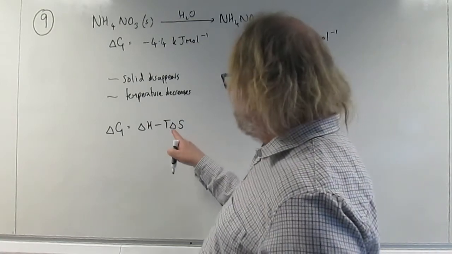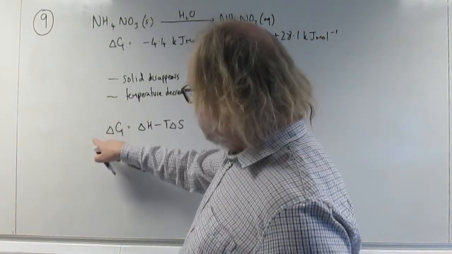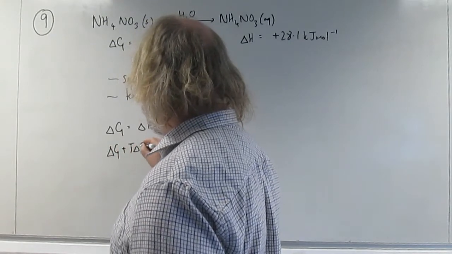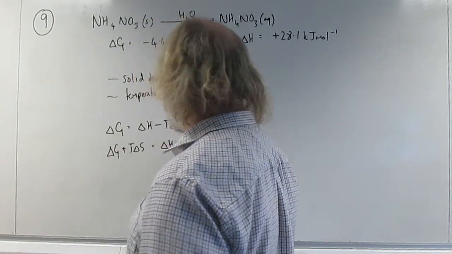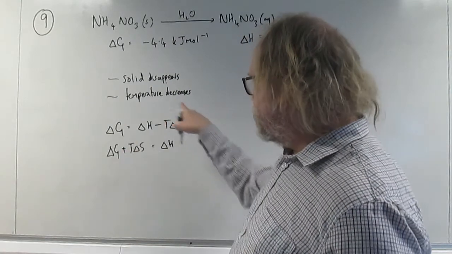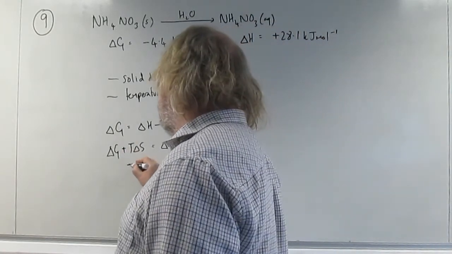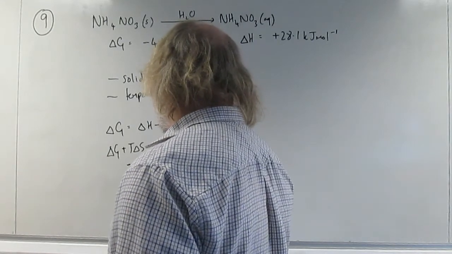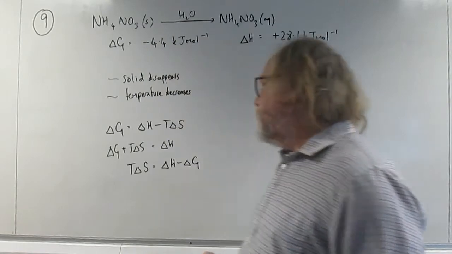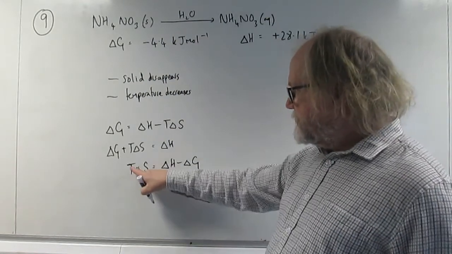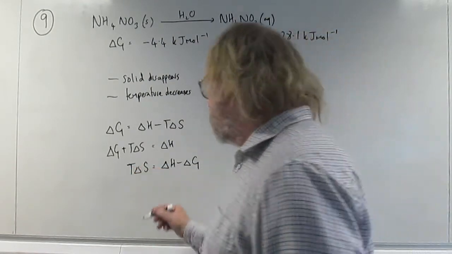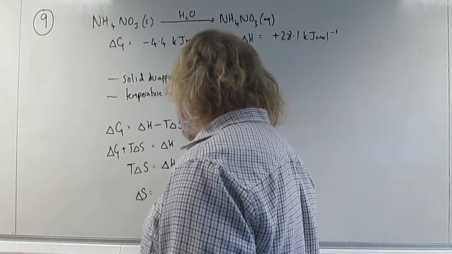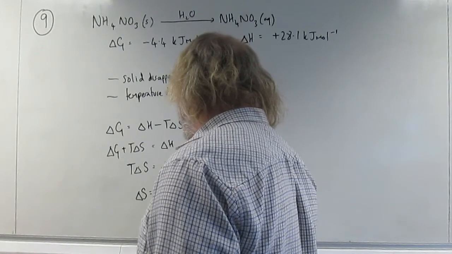So if we move the minus T delta S over there, we get delta G plus T delta S is equal to delta H. And then we can bring the delta G over here and get T delta S is equal to delta H minus delta G. And then we can slide the temperature diagonally over to here and get delta S is equal to delta H minus delta G over T.